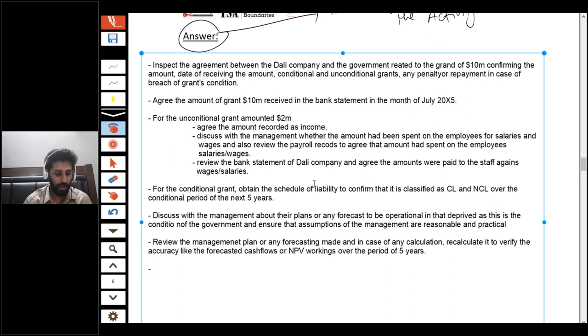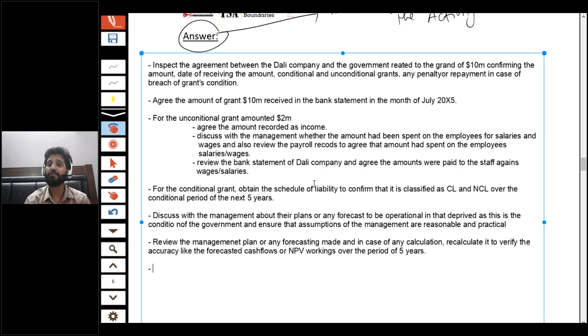Now you should also physically visit. For example, I'm saying that there is a construction program and an apartment is going to be constructed. So you will be physically visiting over there in order to make sure that there are practical actions for the 10 floors apartment, for example, right?